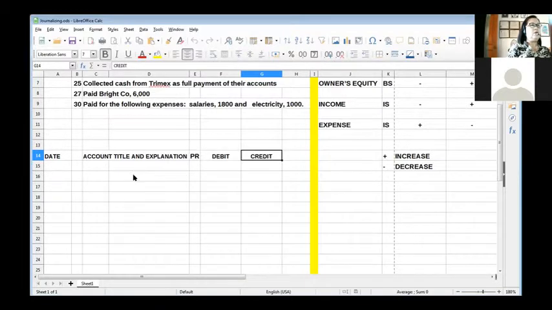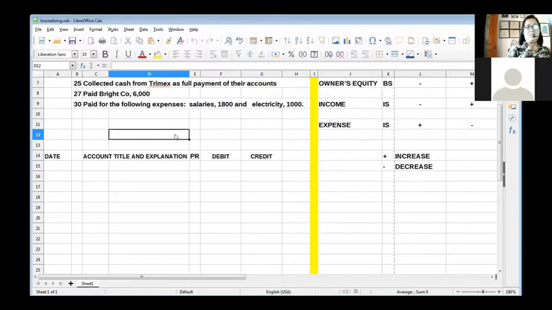PR means post reference, which we use when we transfer the contents of our journal to the ledger. So now we have been introduced to the journal form. Now let's have the first transaction.